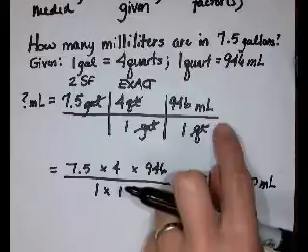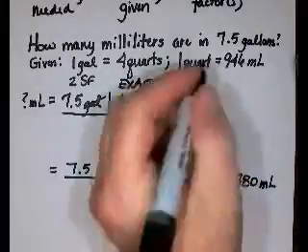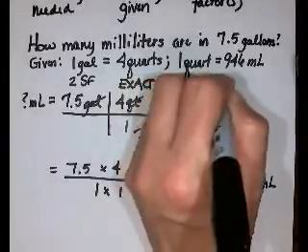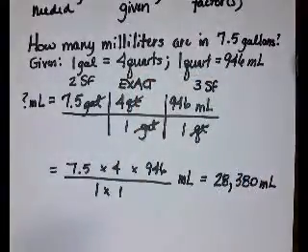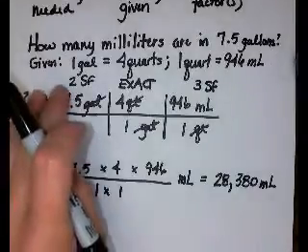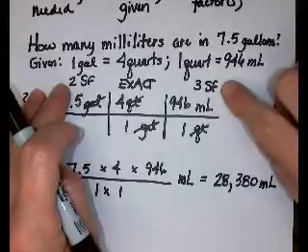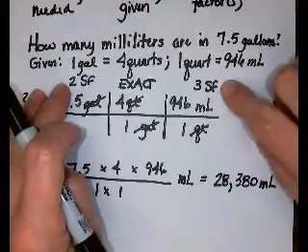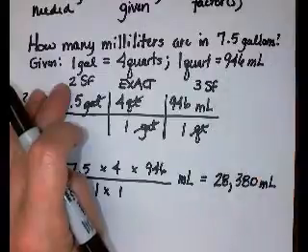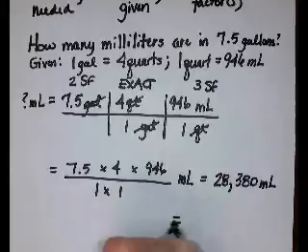When I look at this conversion factor, the rounded portion of that conversion factor is 946. There are 3 significant digits in 946. So now I need to consider 2 significant digits as compared to 3 significant digits. 2 is smaller than 3, and so I need to round my answer to 2 significant digits.